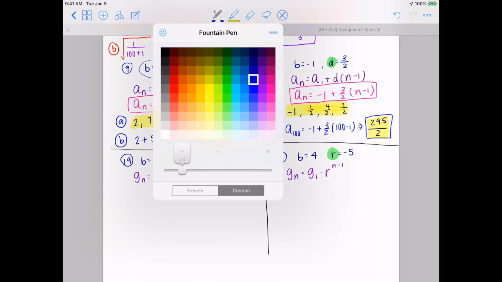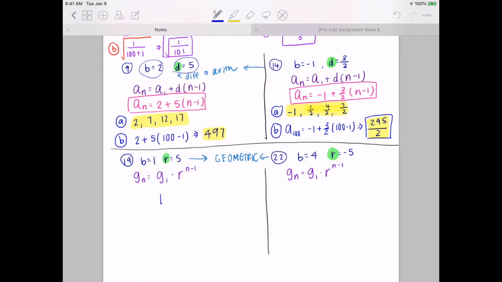Okay, so we got 1, because that's our first term, times r, it tells me that is 5, to the n minus 1 equals g sub n. Okay, that's the formula. And over here, the formula would be g sub n equals 4 times negative 5 in parentheses, to the n minus 1.